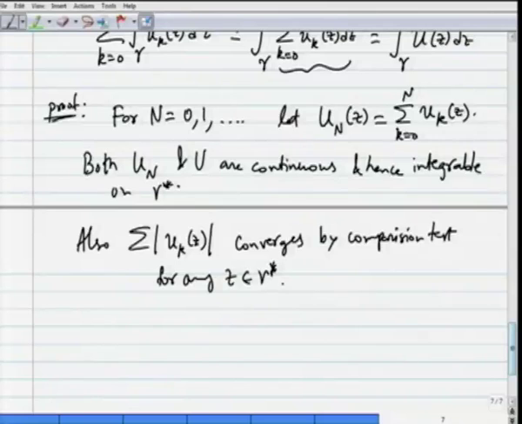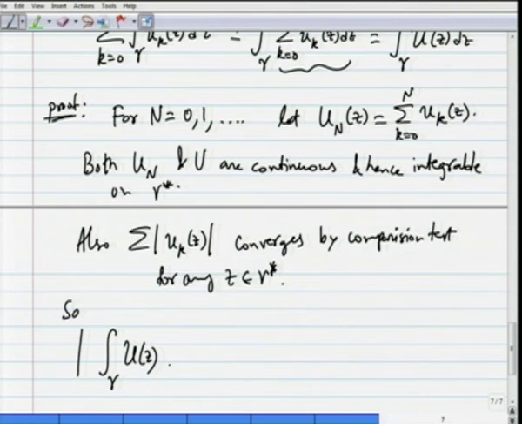So, now what we will do is estimate u of z using the u capital N of z. We will take the difference of the integrals of these and estimate them.